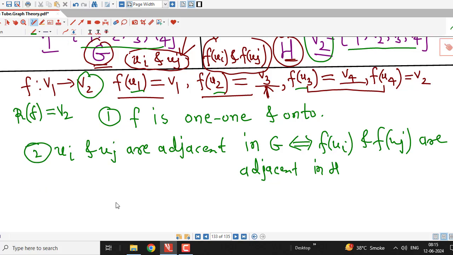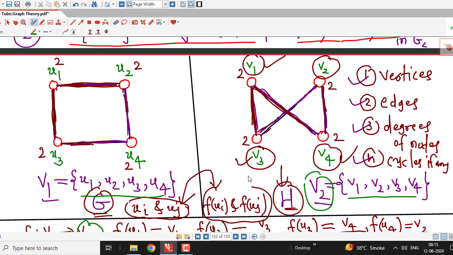Therefore, G and H are isomorphic. The graphs G and H are isomorphic. So in this way you can determine whether given graphs are isomorphic or not.